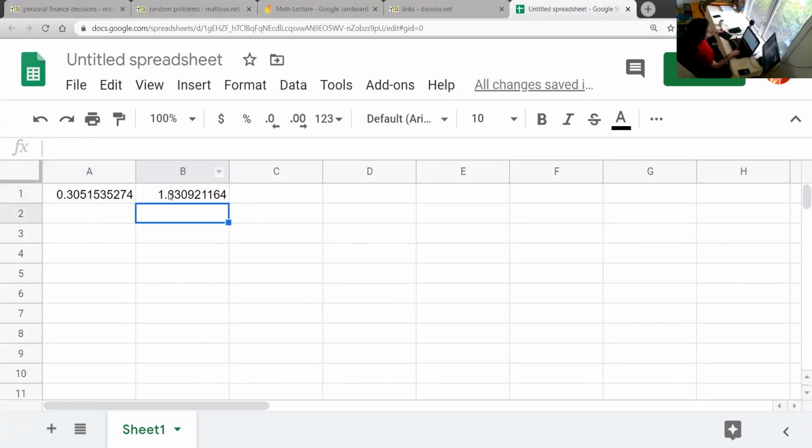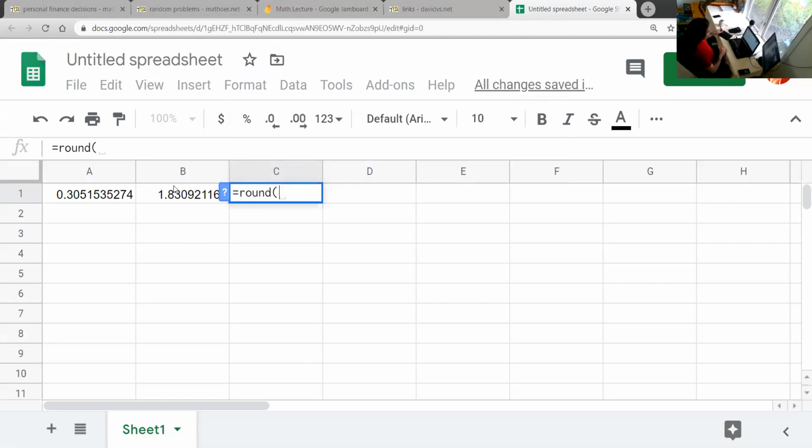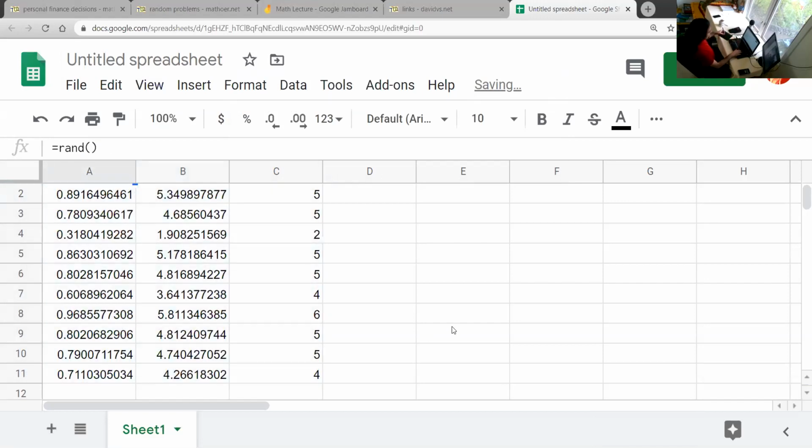And that's a pretty funny die, rolling 1.8. So I'm going to hit equals and type ROUND, open my parentheses, click that, close it. So I have a random number with no things in the parentheses. Let's take this and multiply it by 6, and let's round the thing to the left. And if I do that a bunch of times, then I have different random dice rolls, and I'm rolling really lucky here.